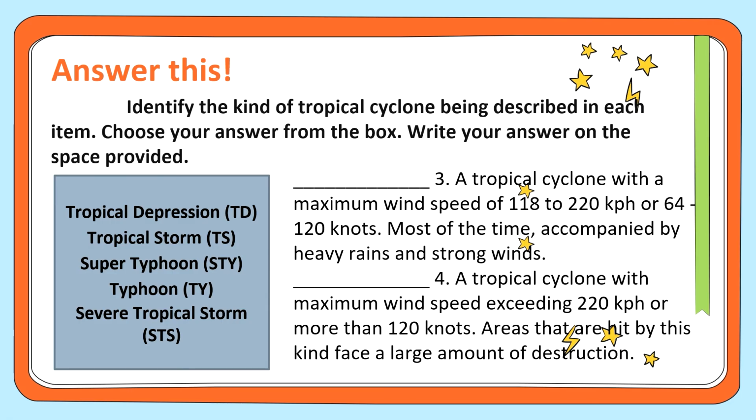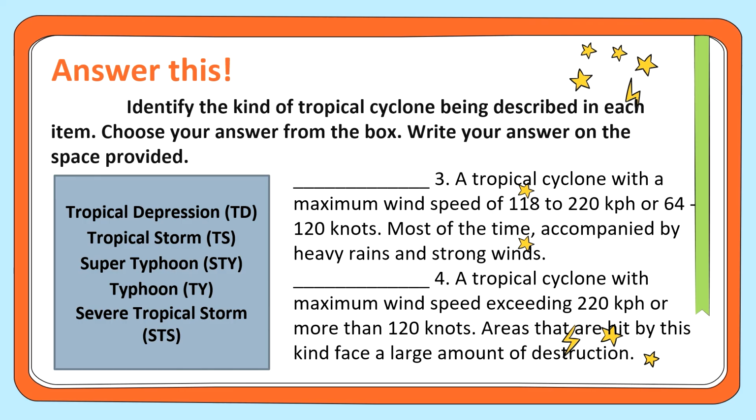Number 3. A tropical cyclone with a maximum wind speed of 118 to 220 kilometers per hour or 64 to 120 knots. Most of the time, it is accompanied by heavy rains and strong winds. Number 4. A tropical cyclone with maximum wind speed exceeding 220 kilometers per hour or more than 120 knots.